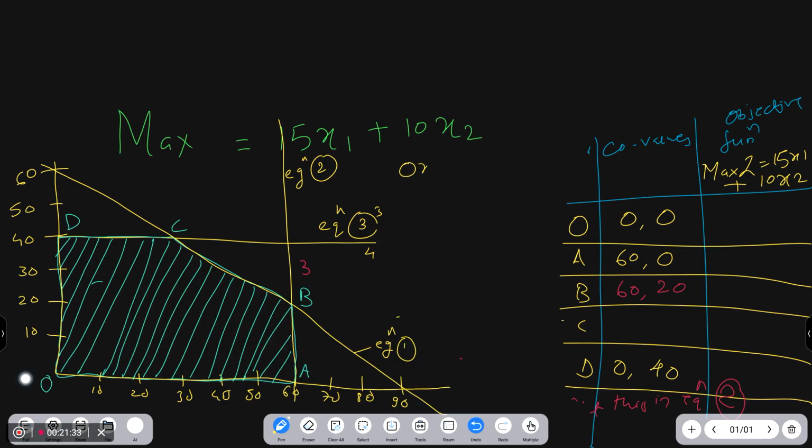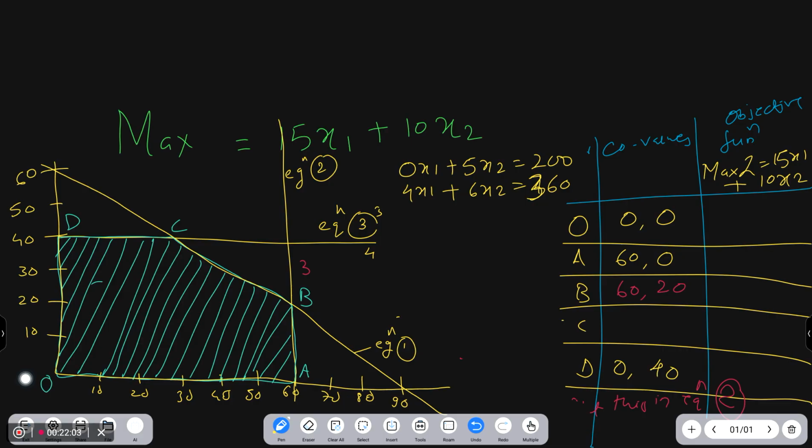0x1 plus 5x2 is equal to 200. And this is equation 1: 4x1 plus 6x2 is equal to 360.